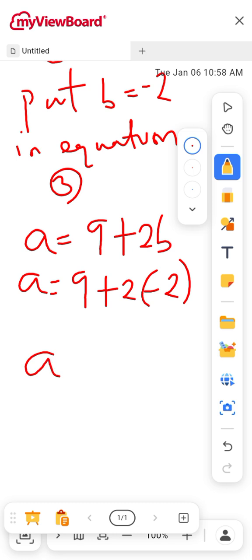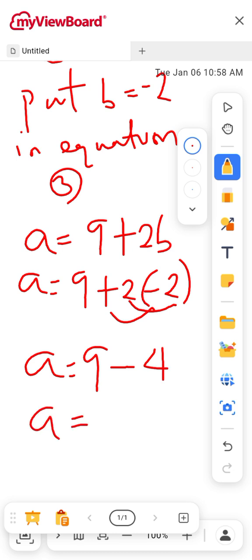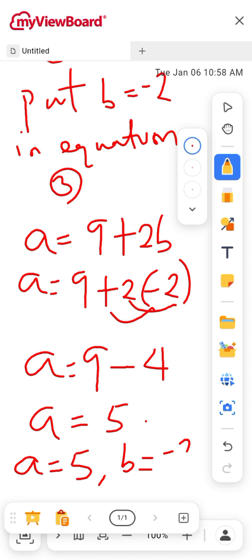So I have a equals 9 plus times minus, that's minus 2 multiplied by 2, that's 4. So a equals, what is 9 minus 4? That is 5. So we have been able to get the value of A. a equals 5 and b equals minus 2. That has just solved the value of a and b.